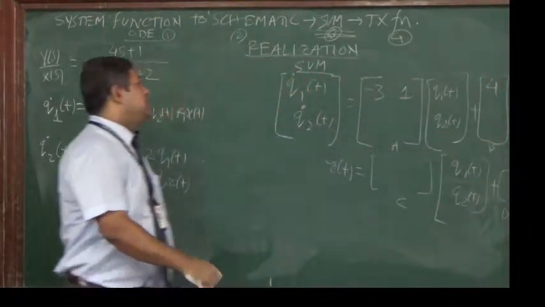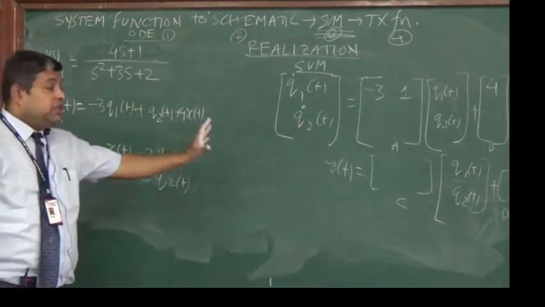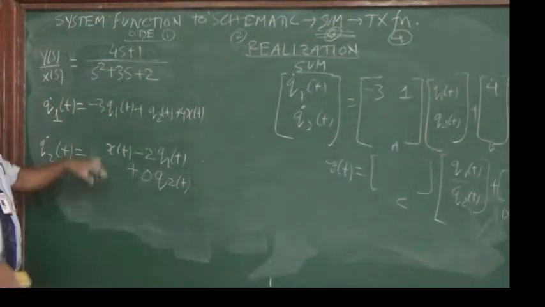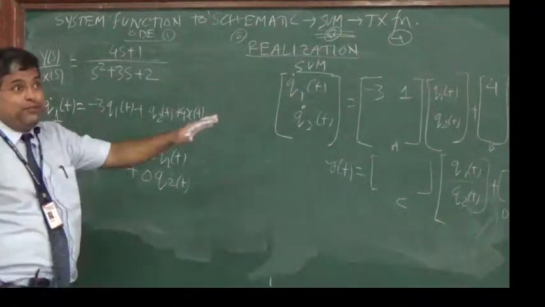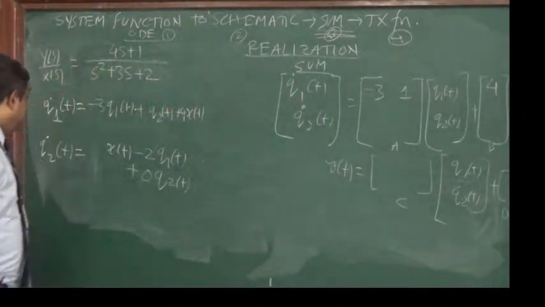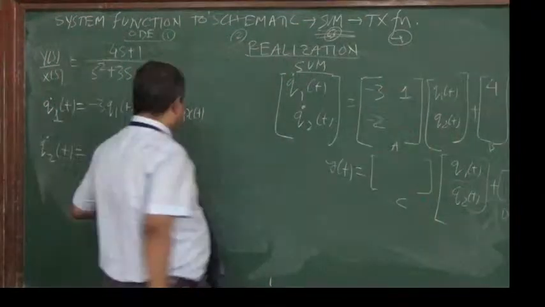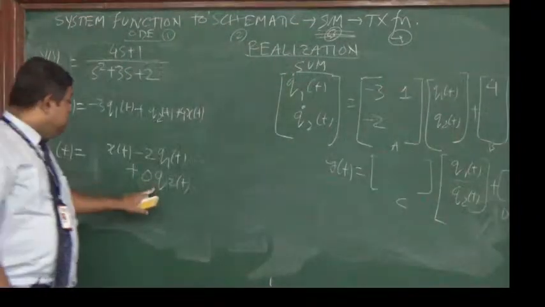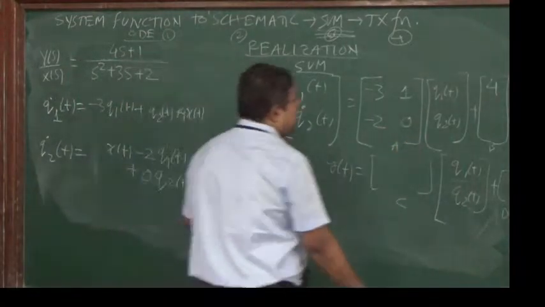So this is the first equation, that is q1 dot(t), taken from minus 3 q1(t) plus q2(t) plus 4x(t). So this top is the first equation. What is the second equation? So q2 dot(t) is equal to minus 2 of q1, and there is no q2 term, so this will be 0 q2(t) and 1 of x(t).